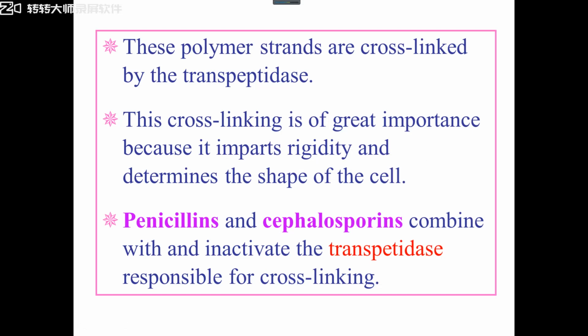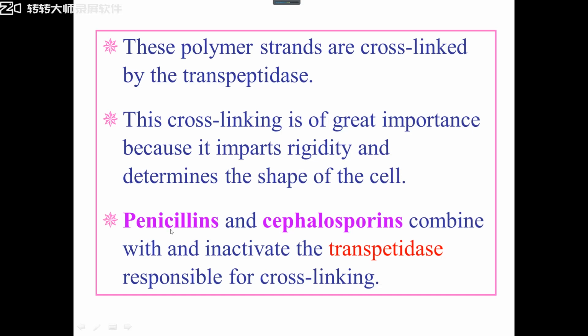And during this process, one very important enzyme is transpeptidase. So if we can use some drugs to inhibit this enzyme, that means inhibiting cell wall synthesis, because the cell wall determines the shape of the bacterial cell.